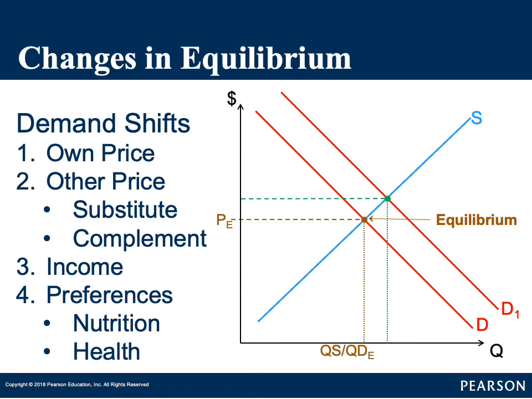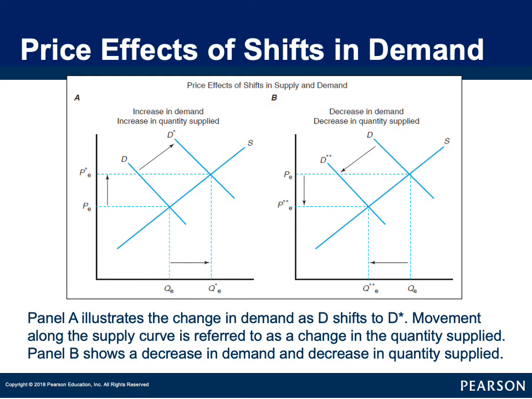And we have discussed in the past demand shifts, whether it's own price, other price, income, or preferences that can cause a demand shift. A similar piece is happening. When demand shifts, an outward shift in demand, you're also seeing a change in quantity supplied. There's a new equilibrium because there is a new quantity supplied.